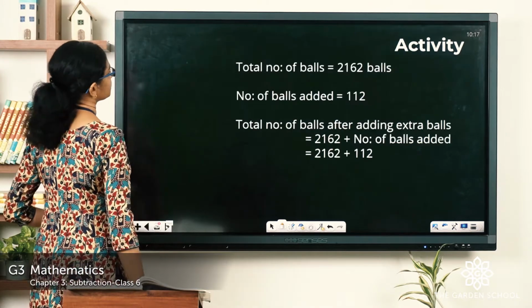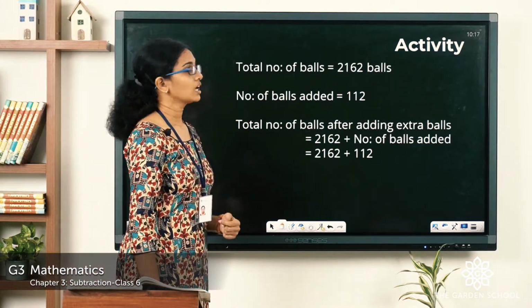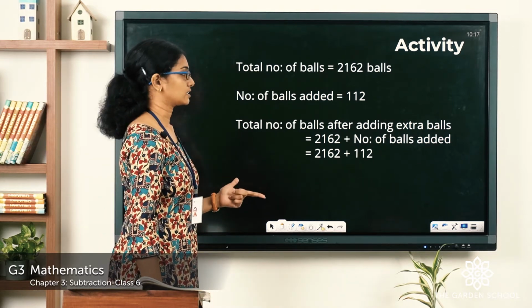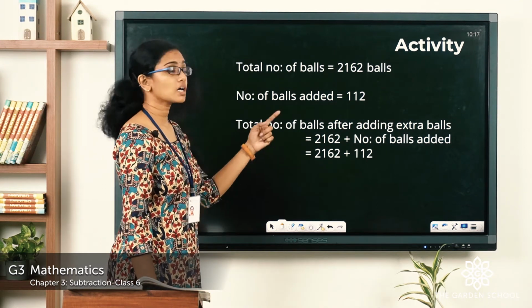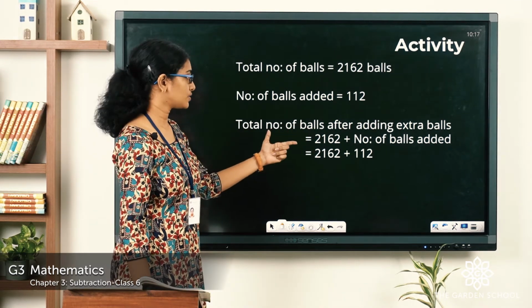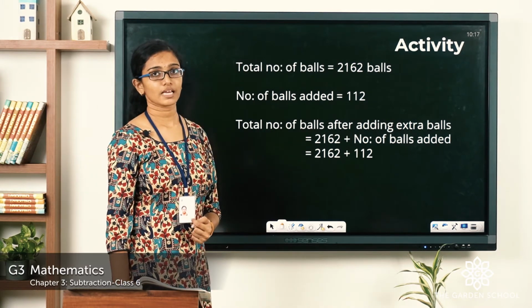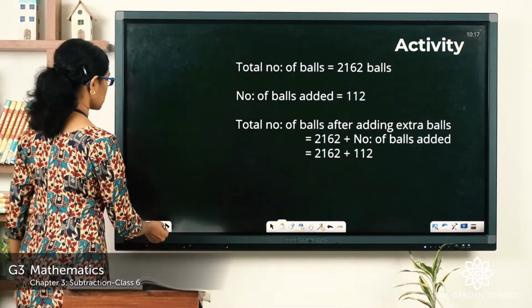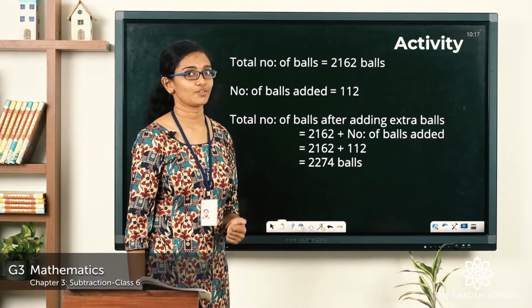Let's see the steps. The total number of balls we had in the beginning is 2162 balls. Number of balls added is equal to 112 balls. The total number of balls after adding extra balls is equal to 2162 plus the number of balls added. So that gives us 2162 plus 112 equals 2274 balls.